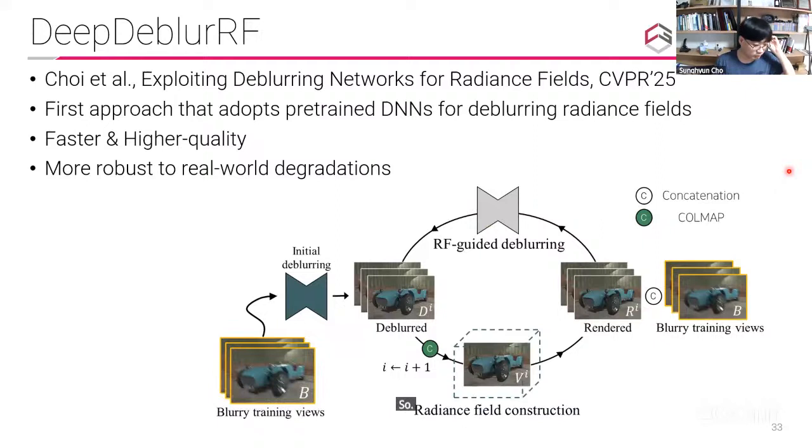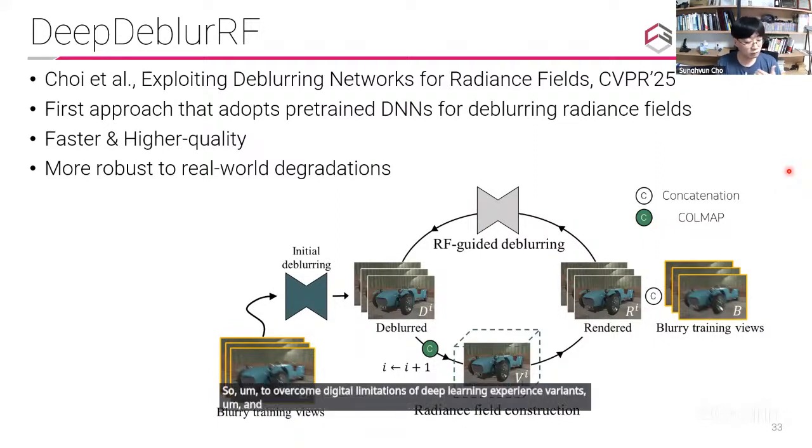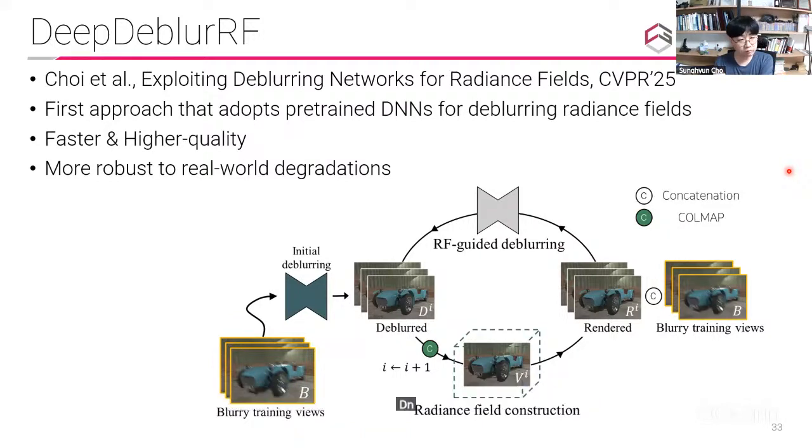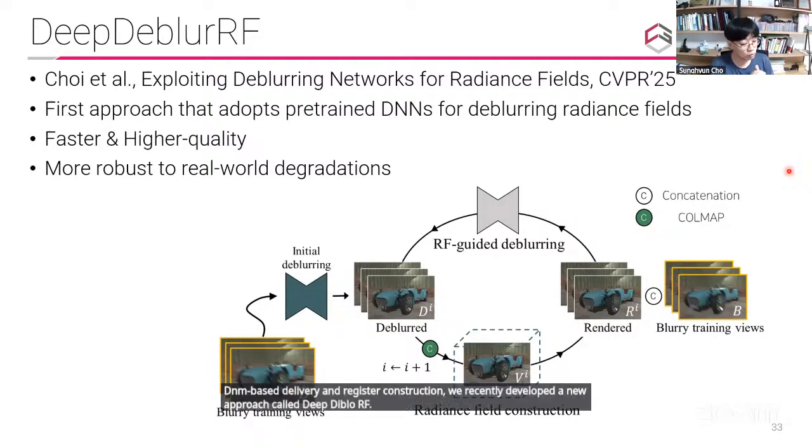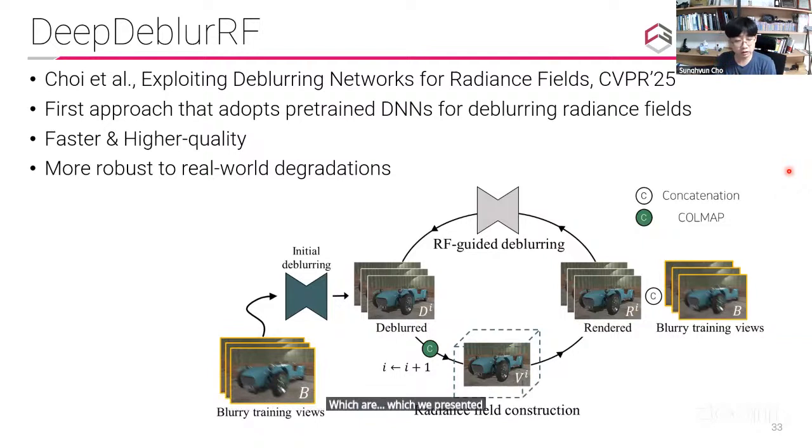To overcome these limitations of DeepNerf and its variants, and also the limitation of the naive combination of DNN-based deblurring and radiance field reconstruction, we recently developed a new approach called Deep Deblur RF, which we presented at CVPR this year.